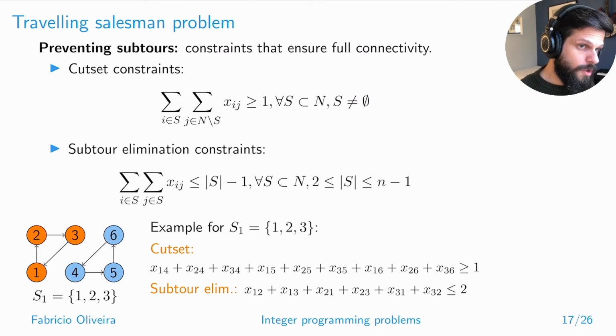If they do occur, you include the constraint and re-optimize, and keep doing that until you observe a feasible solution. This strategy is called delayed constraint generation, or lazy constraints. The main idea is to prevent you from having to consider all of these constraints at once from the get-go.